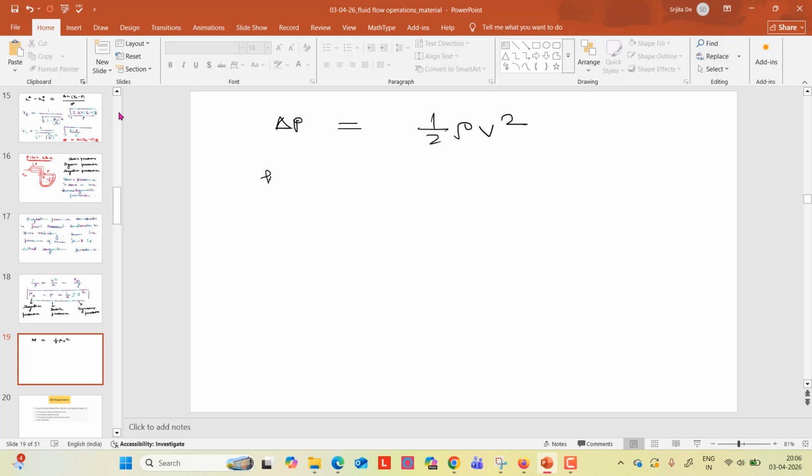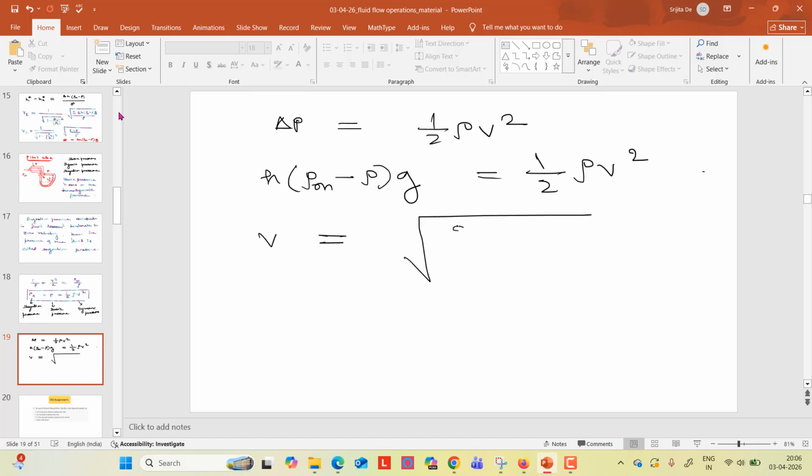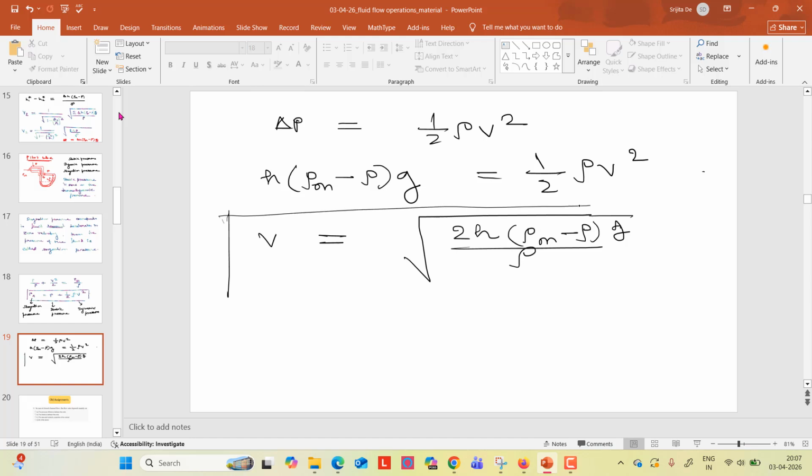That means h into (rho m minus rho) into g equals half rho V square. And now from here you can calculate the velocity of flow inside the pitot tube. It will be root under 2h (rho m minus rho) into g by rho. Okay. So this is the expression of pitot tube flow velocity.